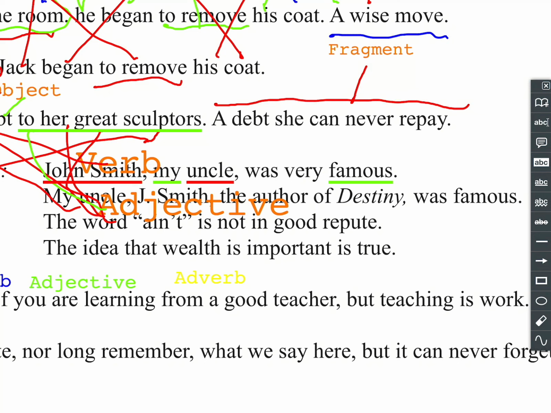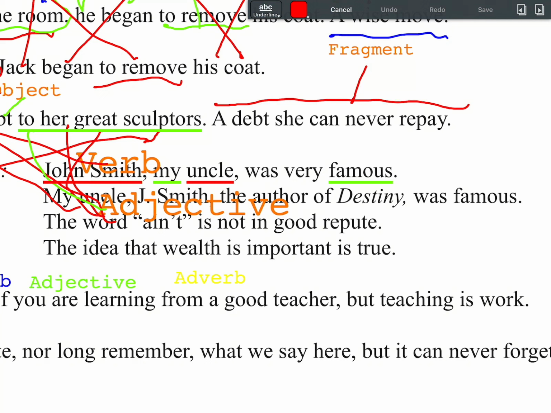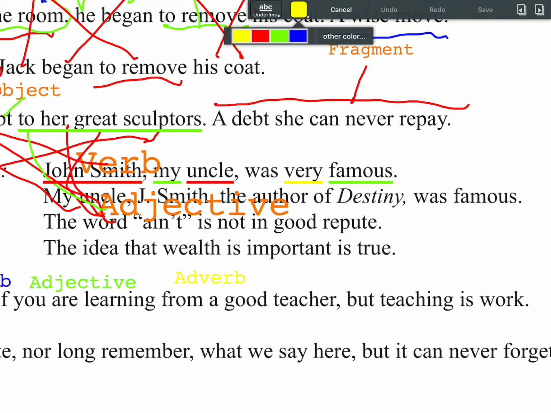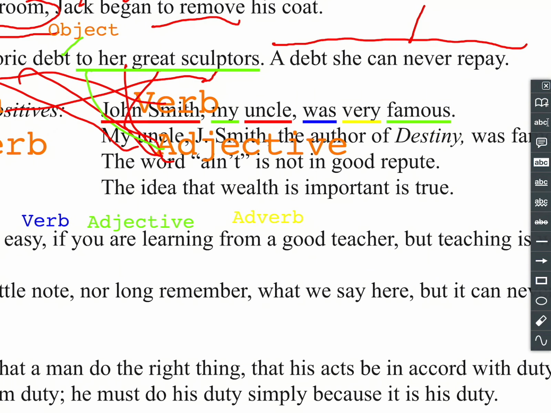They modify four things: verbs, other adverbs, adjectives, and whole phrases and clauses in the rest of the sentence. Something like that. Okay, so adverbs are yellow. And then verbs are blue. So was is the verb here. Okay, this is working a bit better, I think. The color scheme's good. Save.